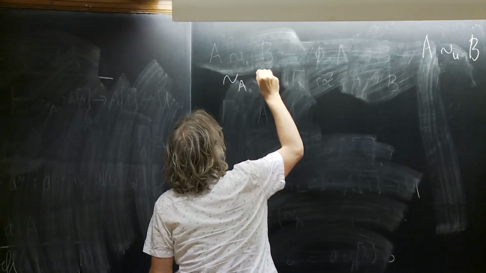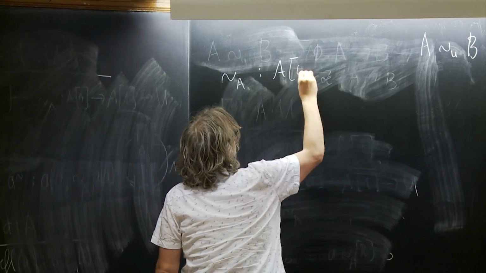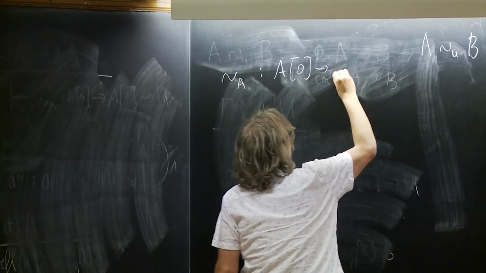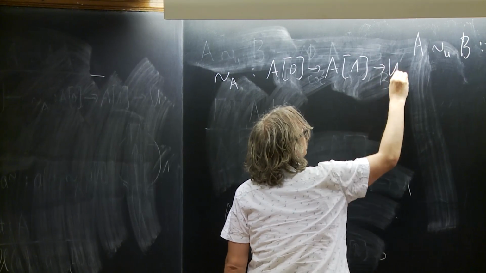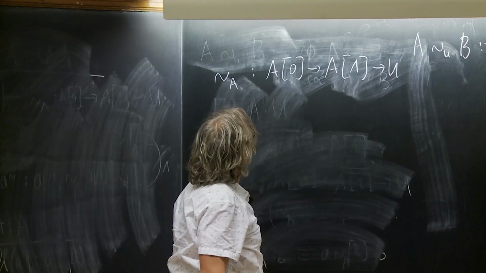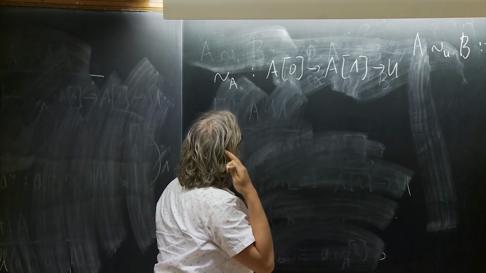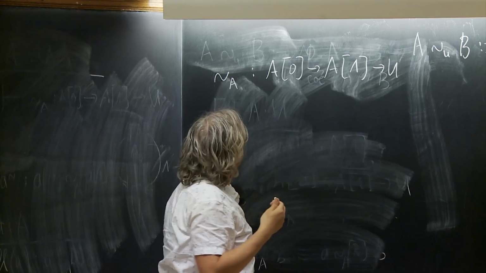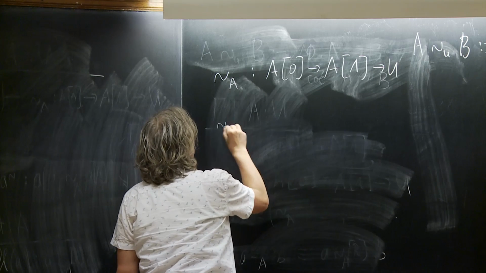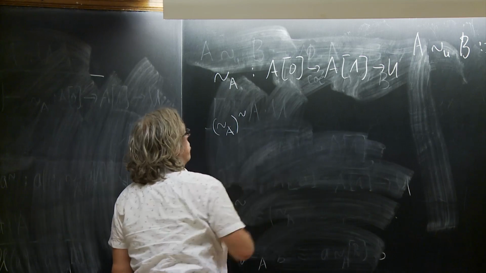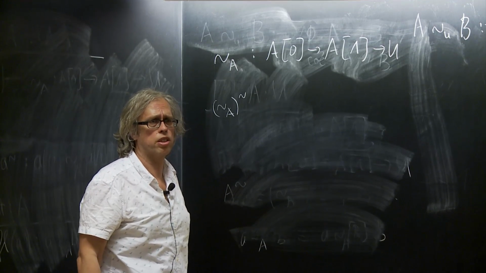Tilde A is a function from A0 till A1 to U. And I've constructed this function recursively. But since it's a function, the question is, what is tilde A tilde? Then any function automatically preserves my equality, right?